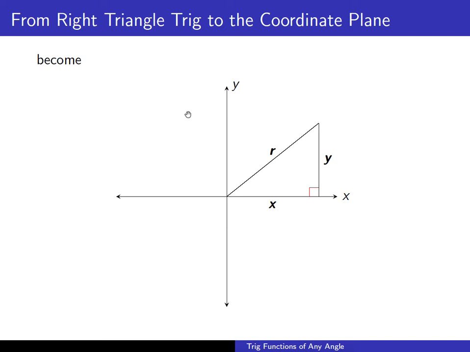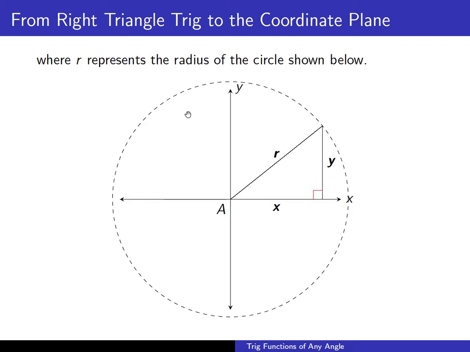radius. And the reason for that is because we can actually spin this radius around and have our hypotenuse end up anywhere in the coordinate plane as we rotate around and around and around.